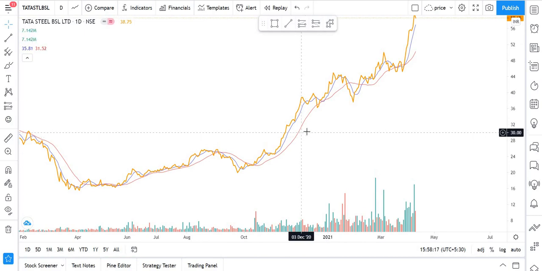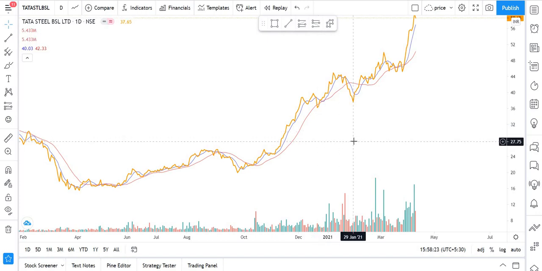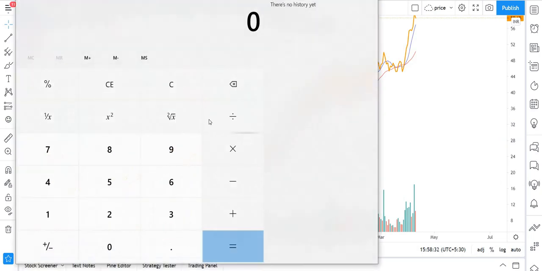Now let me show you how to calculate it. You can see the moving average on the screen, but let me also show you how to calculate it. Let's take the first price on 29th January 2021. The price was 37.65. Add the next day's price, let's assume 37, plus 37.2, and then we add another.